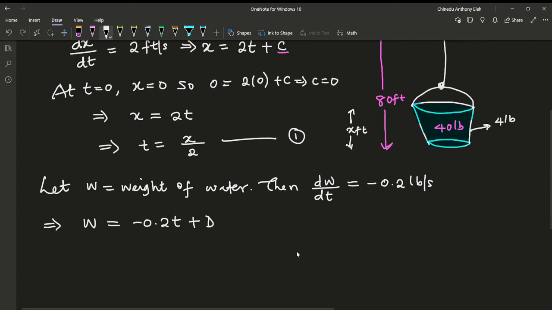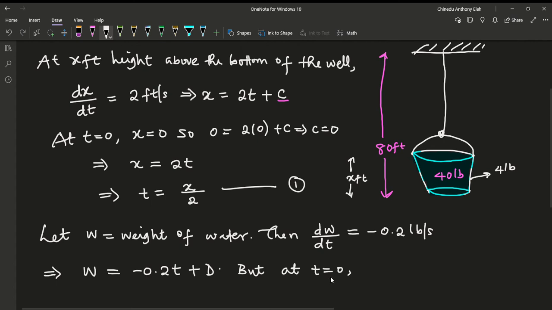right? Okay, but at time equals 0, what is the weight of the water? Let's think about it. At time equals 0, the bucket is at the bottom of the well, which means it has not moved any distance.